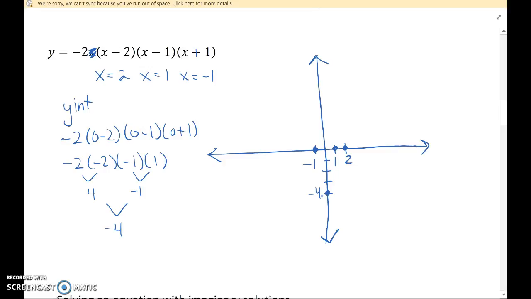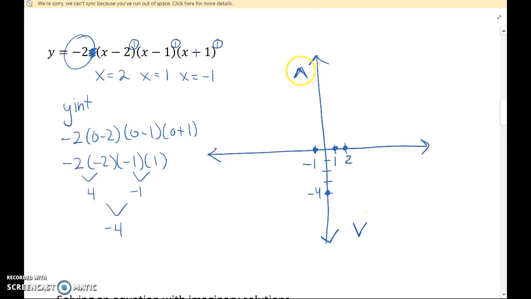Again, we need to determine the degree of the polynomial. And so since there are no exponents on these factors, we assume they're all 1s. So this is a 3rd degree polynomial. And because of the negative 2 out front, we know that it's going to be a negative 3rd degree polynomial. So its end behavior will start up and it will finish down.